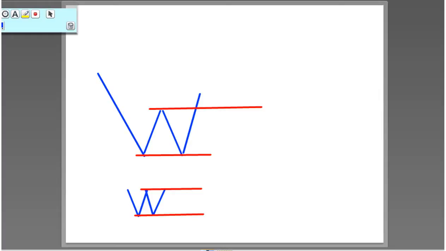At this area of the W, you have a double bottom, but you don't have a W pattern.